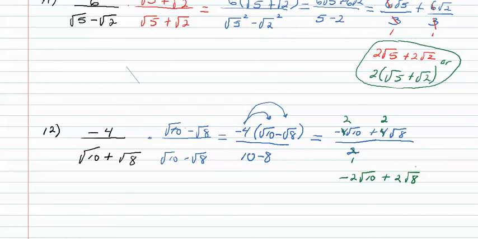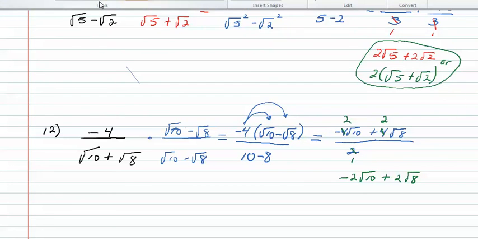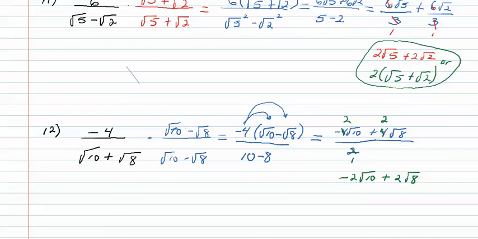And I look at my answer and I look to see if it can possibly be factored out any further. I look at my 10 and I say, okay, is there any perfect square within 10? And there's not, so I'm just going to go ahead and keep negative 2 radical 10. But then I look at 8. Is there a perfect square within 8? And there is. I'm going to keep the 2. I've got a radical 4 and a radical 2.